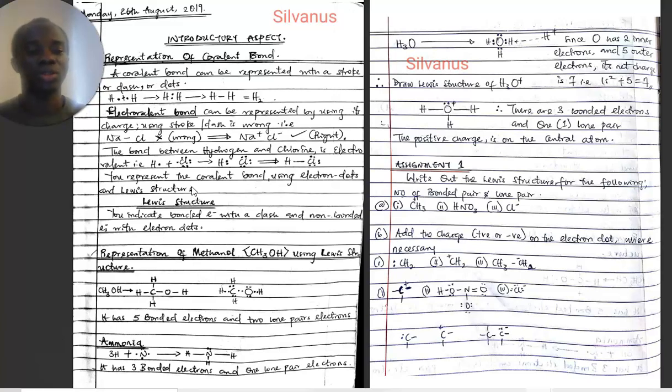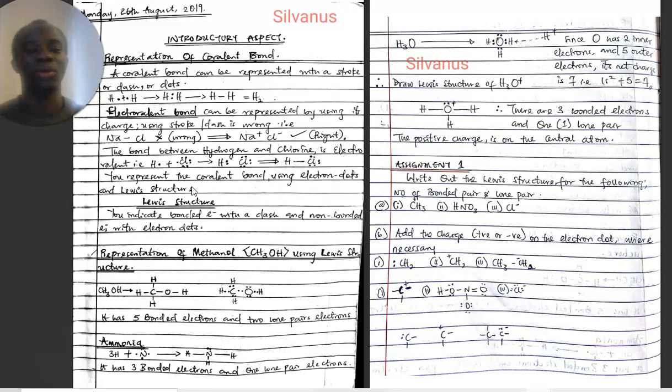Another important thing to talk about in this aspect of chemistry is the Lewis structure. A Lewis structure is a structural entity of a particular compound. It shows us the structure of a compound, showing the bonds and at the same time the non-bonding electrons.